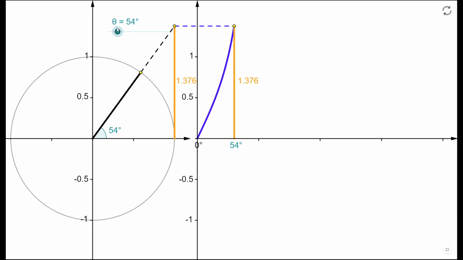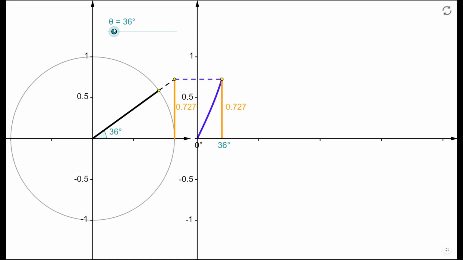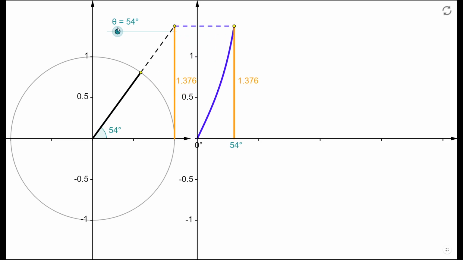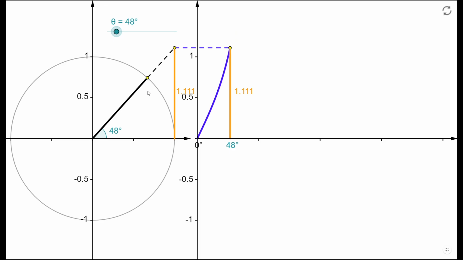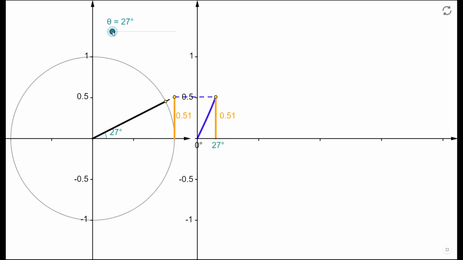As we make our angle bigger, our opposite side gets bigger. Okay? You can imagine the vertical line here would get bigger and bigger. Okay? And we can see that happening as the angle gets bigger, it gets higher up the y-axis, which is a measure of the opposite.